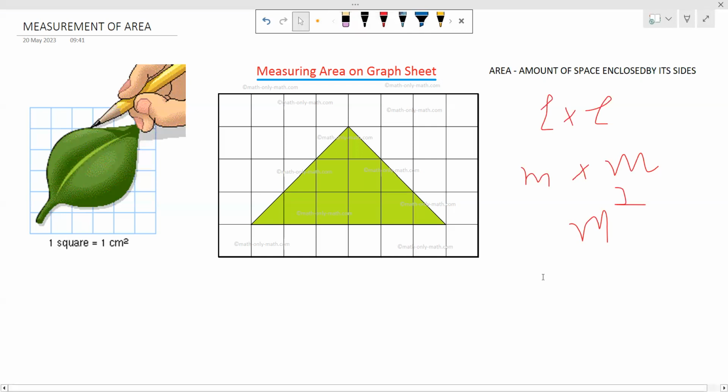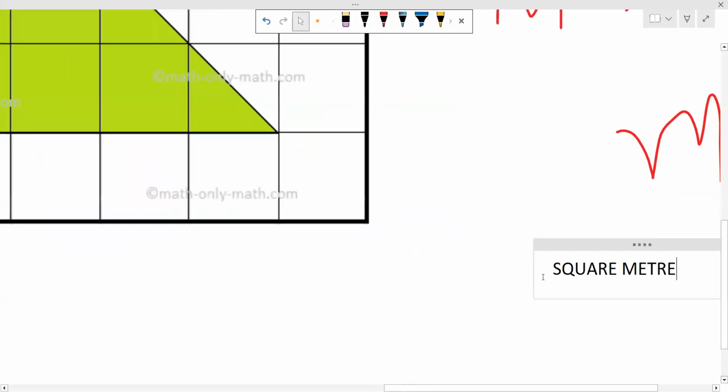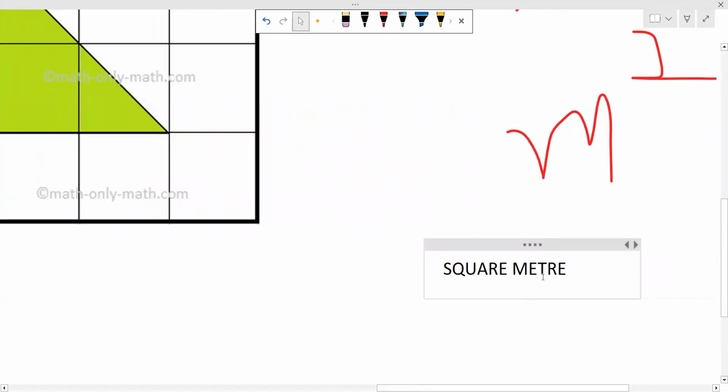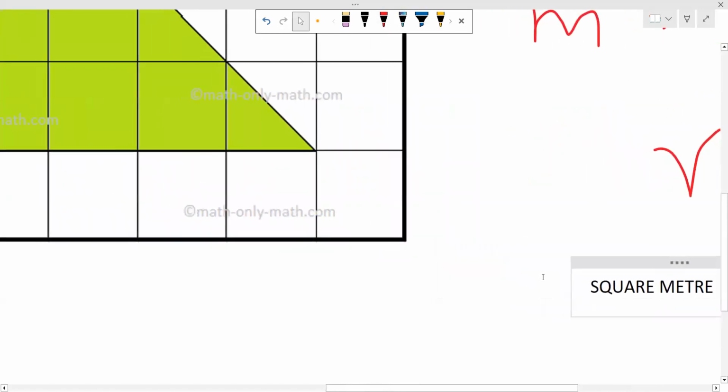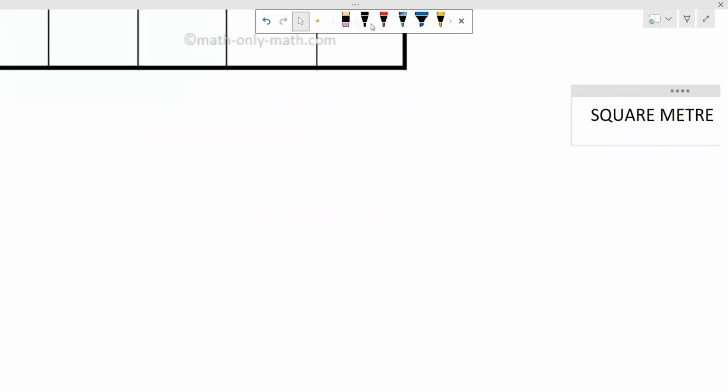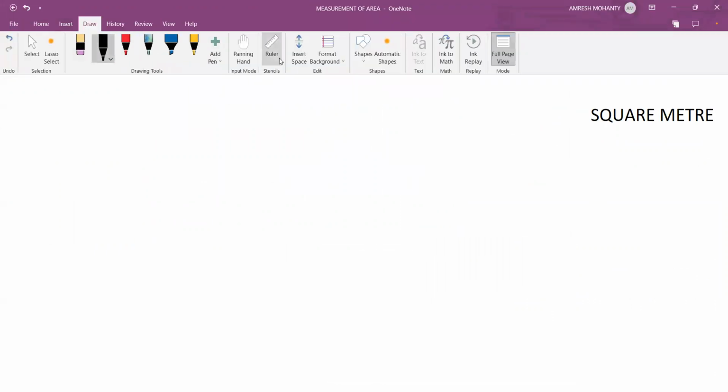The SI unit of area is square meter. For a rectangular surface, there must be shapes to draw.